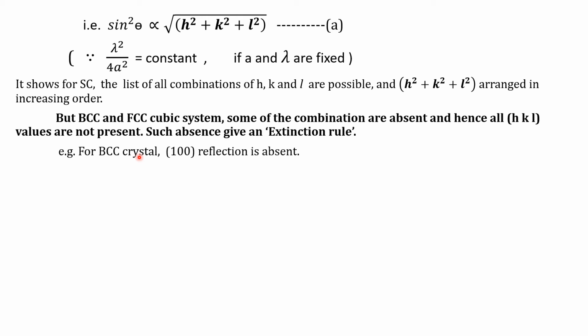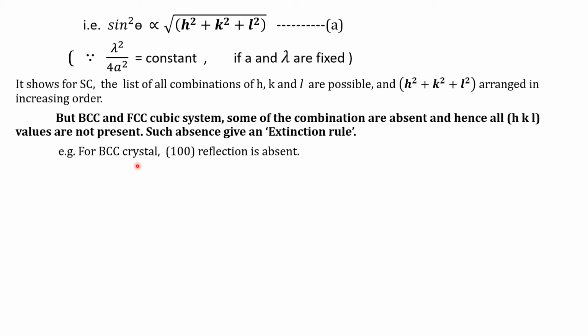Because the reflections from the corner atoms in the BCC structure and the body centered atoms have the same intensity, but they have a phase difference of lambda by 2, resulting in zero reflected intensity.